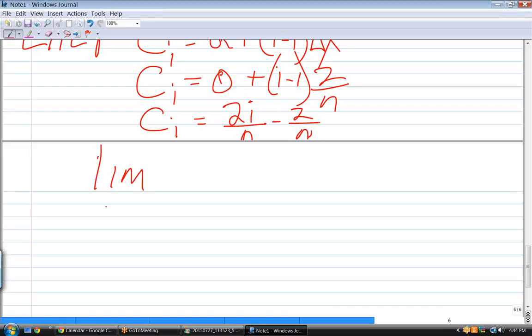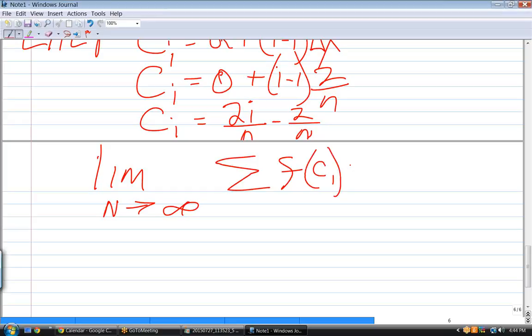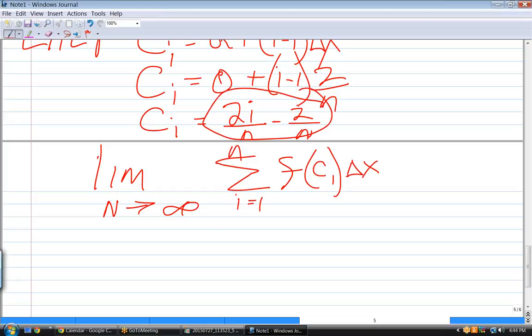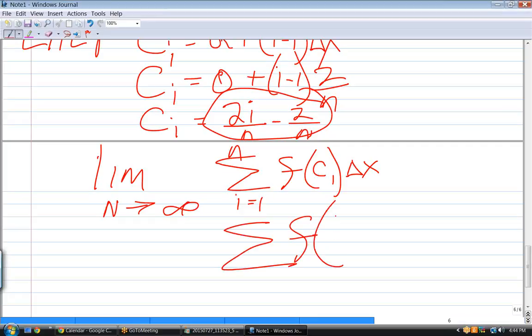Then we want the limit as n goes to infinity of sigma of f of c sub I delta x. Well, this is our new c sub I when we're doing left-hand endpoint analysis. So it's sigma of f of 2I over n minus 2 over n, with a common denominator.